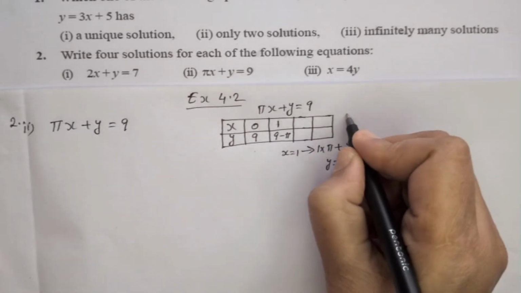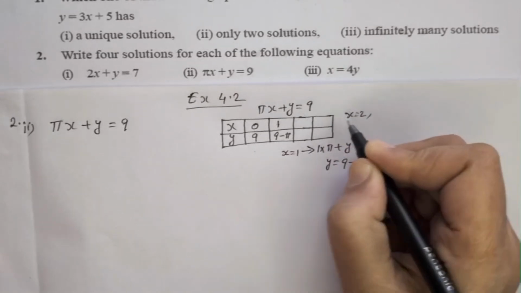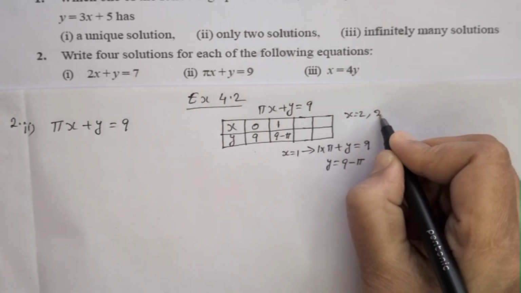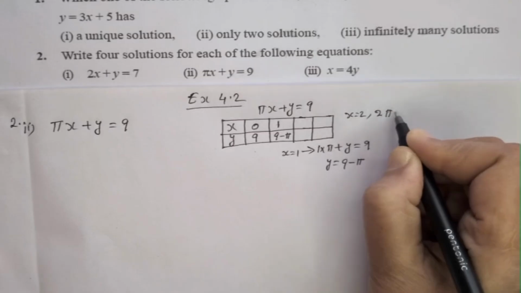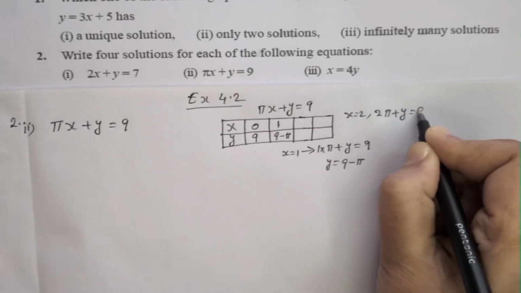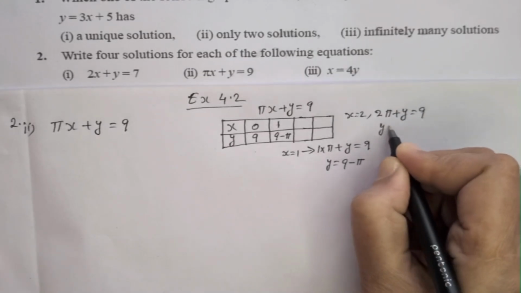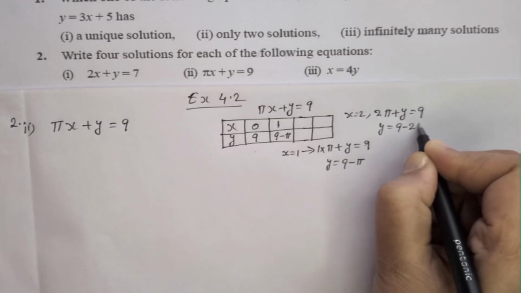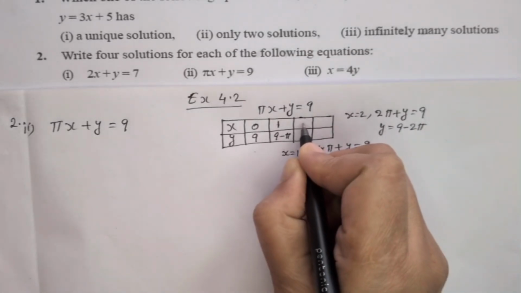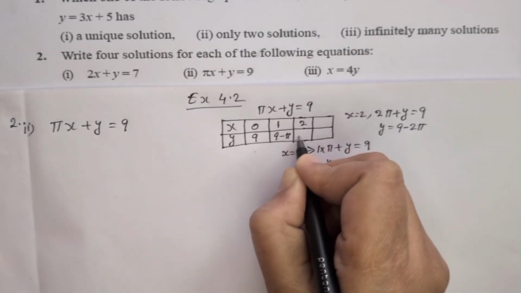If x is equal to 2, then 2 into pi plus y is equal to 9. That means y is equal to 9 minus 2 pi. 9 minus 2 pi.